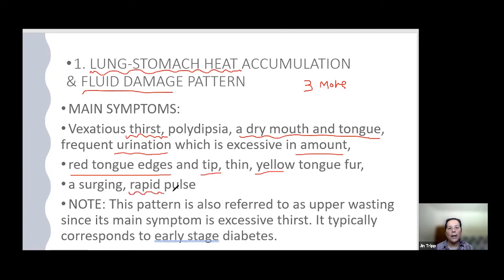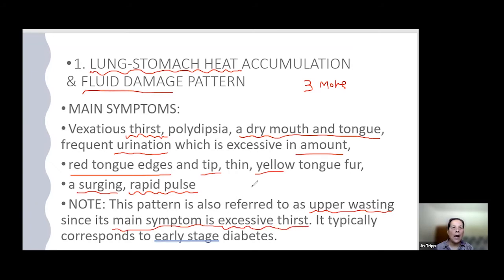Pulse is rapid, surging, pretty strong. This pattern we mainly think belongs to upper jaw or 上焦. The key symptom is thirst and drinking loud.